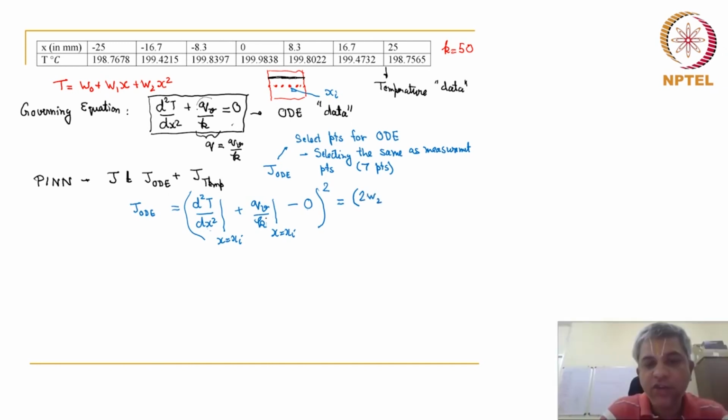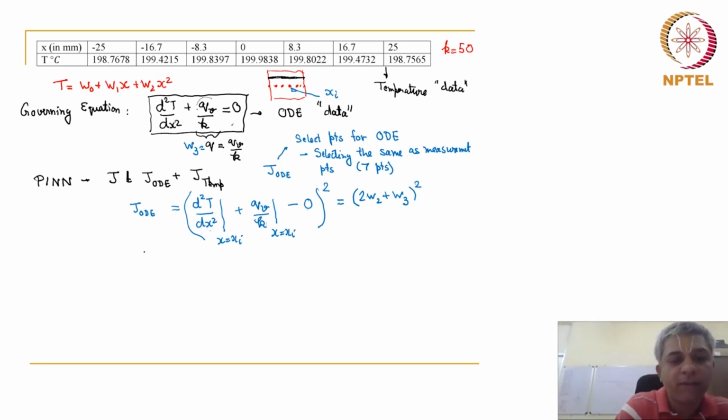Plus qv by k, let us call this w3, because it's one more unknown in my problem. I don't know what qv is, so I am going to call it w3. Plus w3, square. Is this okay? So this is my J due to the ODE.